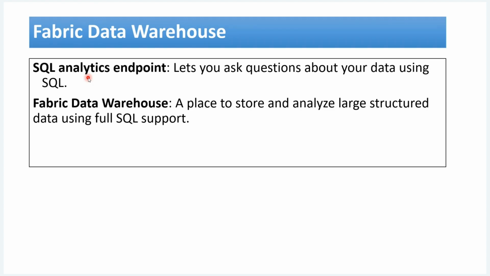But in the SQL endpoint, we cannot write DDL and DML commands. It means we cannot create any tables or insert any data. Whatever data is there, we can use that data. It means we can query data; DQL commands can be used in your SQL endpoint. It means select star from employee, that's it. Insert into employee is not possible in your SQL endpoint.